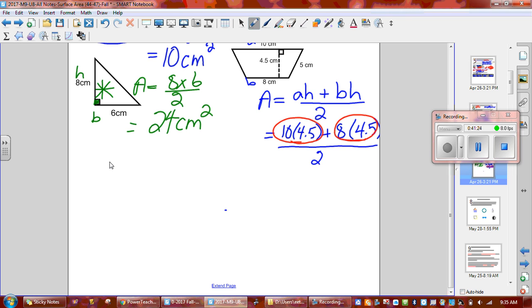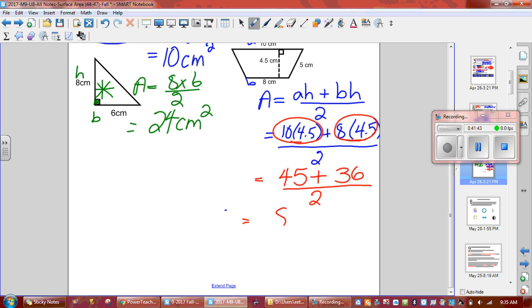Yep. All divided by 2. So that's going to give us 81 over 2, which is 40.5. And our units are centimeters squared. Okay? The units are centimeters squared.